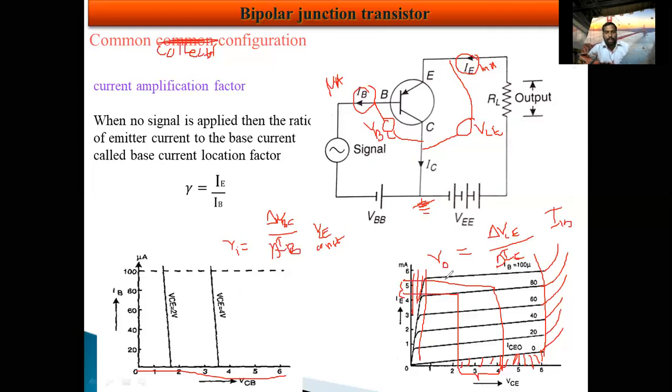One is alpha in the common base configuration, IC by IE, with a value of 0.9 to 0.99. Then beta in the common emitter mode, IC by IB, with a value of 20 to 500. Another is gamma in the common collector configuration, IE by IB.